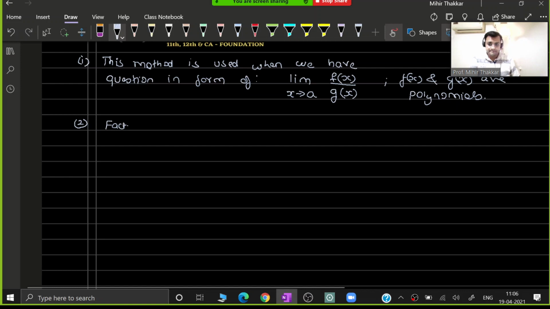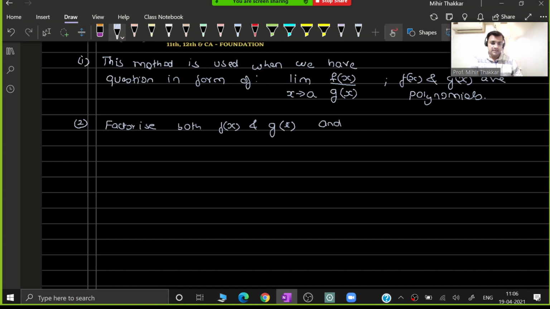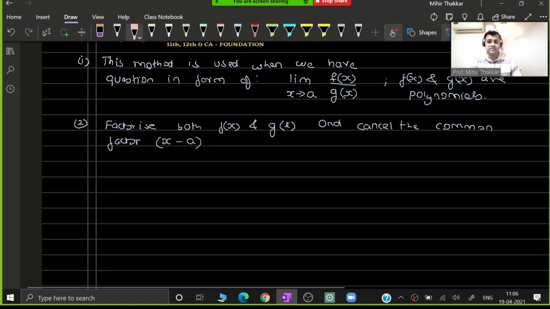Point number two, factorize both fx and gx and cancel the common factor which is x minus a. Always the common factor is x minus a.